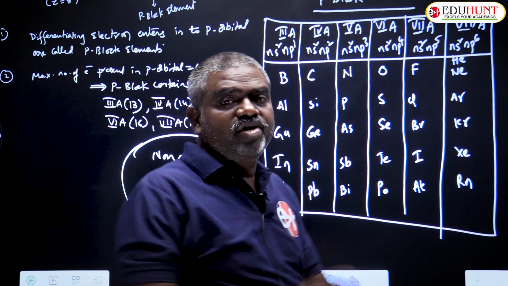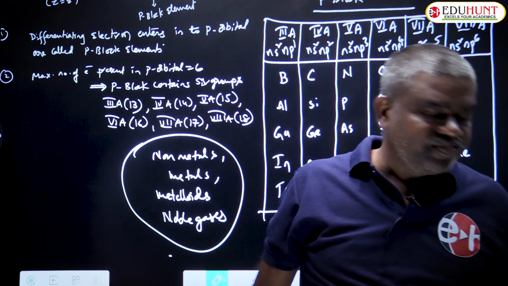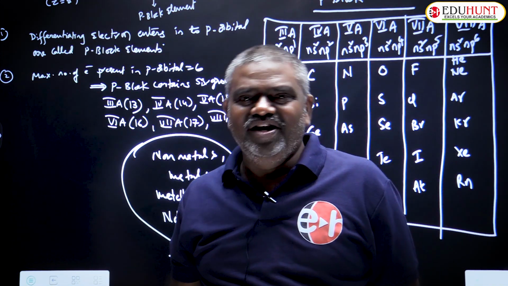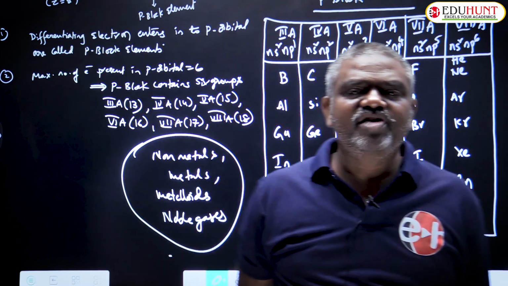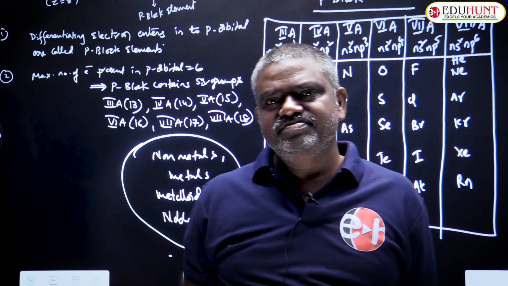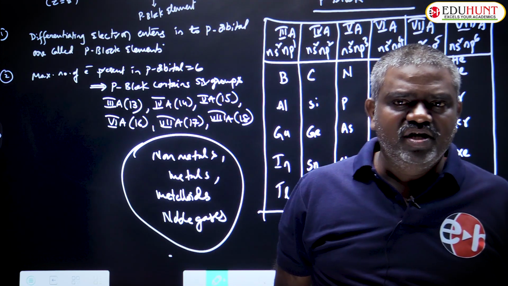Another important point: p block elements form ionic compounds and also covalent compounds, because a non-metal can form an ionic compound with a metal, and a non-metal can form a covalent compound with a non-metal.